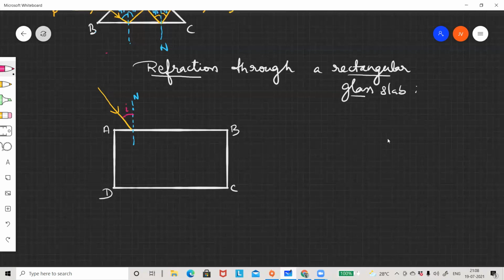So what happens when you perform this experiment, the prism ray diagram? Actually schools compel every child to do this, because when you do, you will see something very interesting. So what you do in the laboratory is first you put a glass slab on the white paper and take a pencil and draw the outline. After drawing the outline, you will write A, B, C, D, the way I wrote.